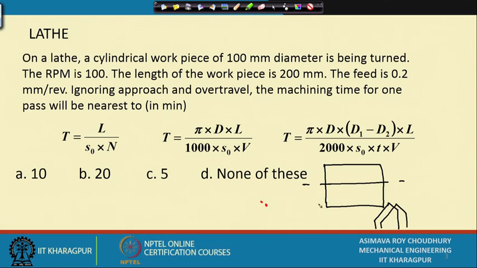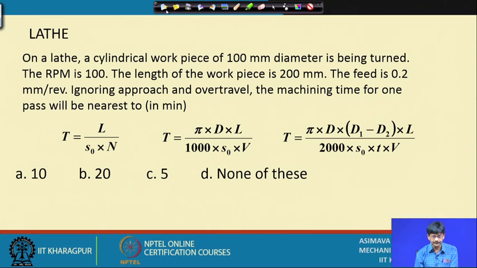Over travel might be, in order to be absolutely sure that it has fully machined it, you might be moving the tool a bit away from the workpiece even after completion. So, these things are approach and over travel. For this problem we have stated that you can ignore it. So, we need not bother about it, and let us quickly find out the machining time for one pass.